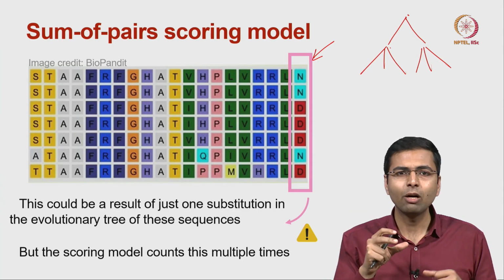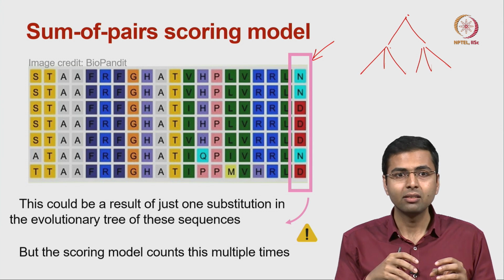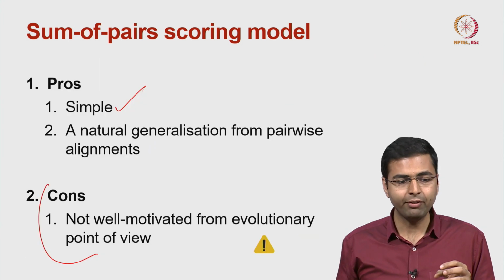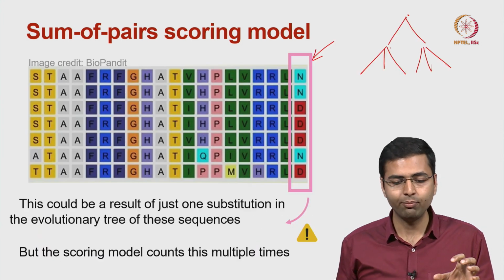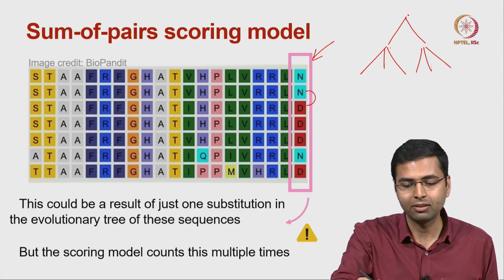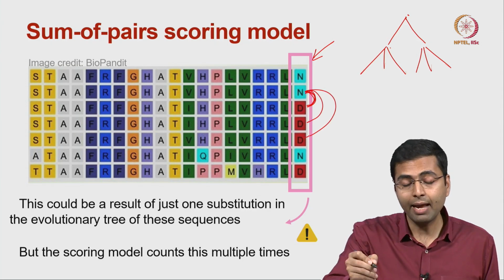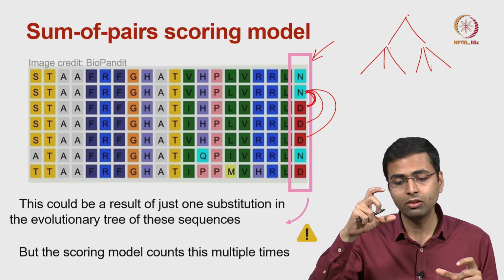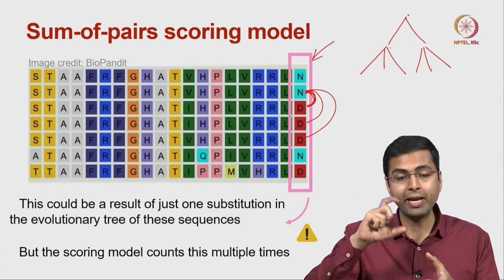However, observe that the scoring system that we are considering, the sum of pairs scoring model, is considering this substitution several times. For example, I will consider this N to D here, then N to D here again, then N to D here again, because there I am considering all 7 choose 2 pairs.